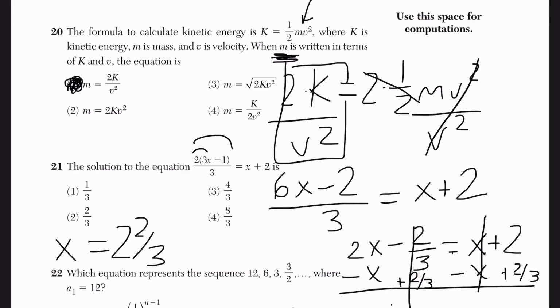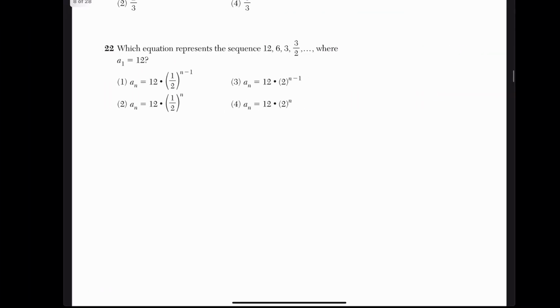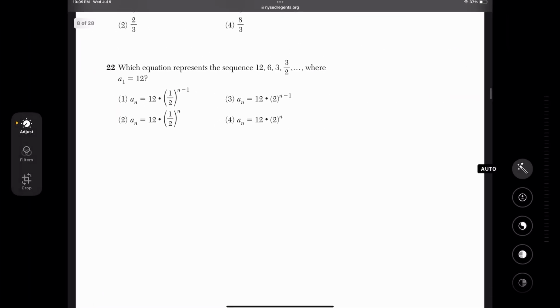And if we do a quick little C method here, 3 times 2, because our answer choices are improper fractions, it's going to be 8/3. Also, 2 wholes is 6/3 plus the extra 2/3 is 8/3. Sweet. And there's only 3 more multiple choice.